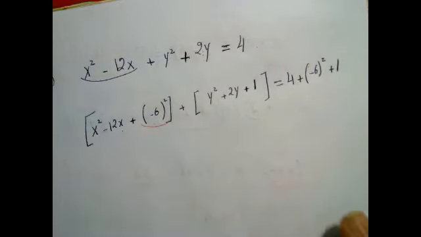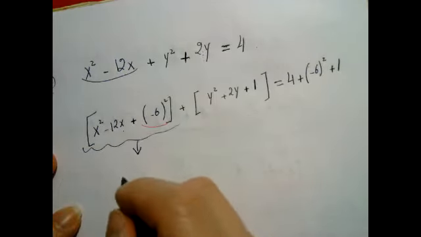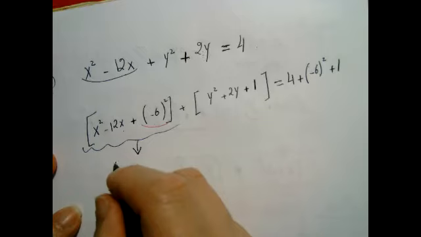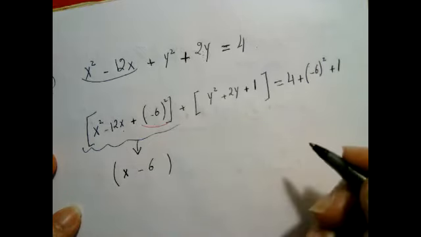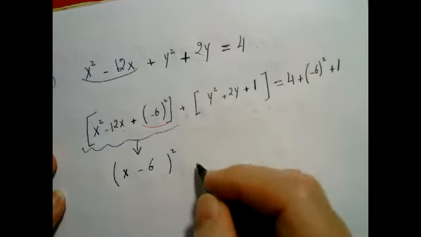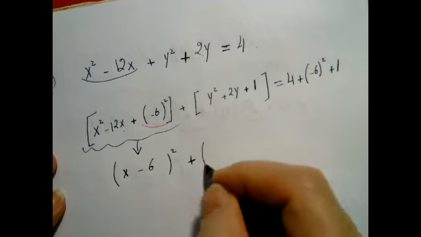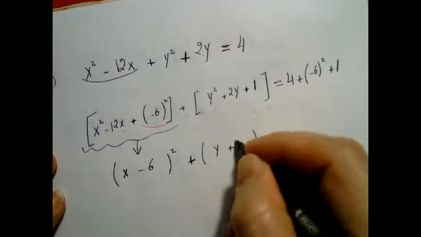Just 1, yeah. All right, now let us proceed. This piece will become what? That'd be x minus 6 squared. Where do you want me to write the squared? Outside the parentheses. Right. And then the other one would be y plus 1, and then squared on the outside.